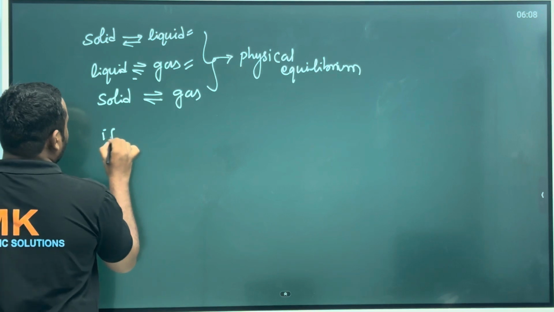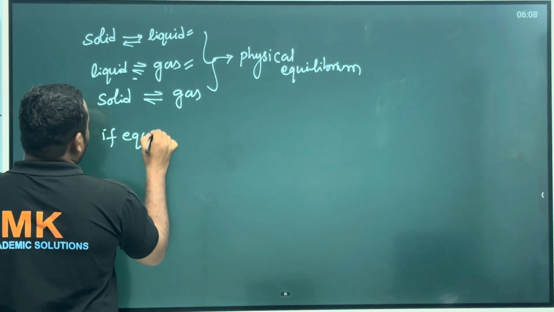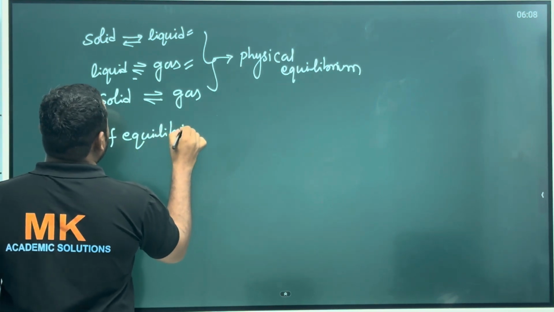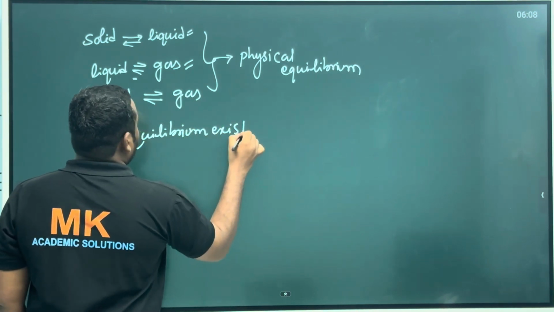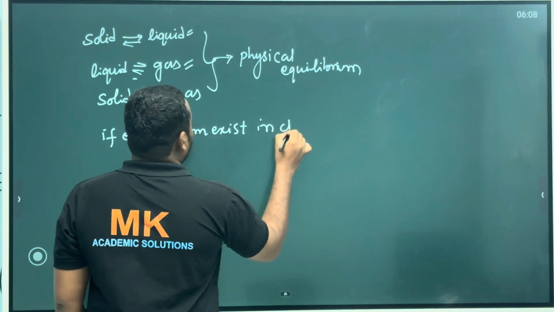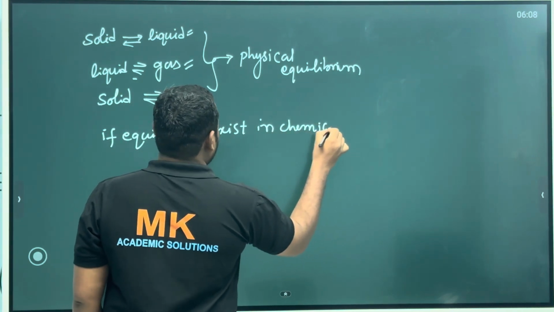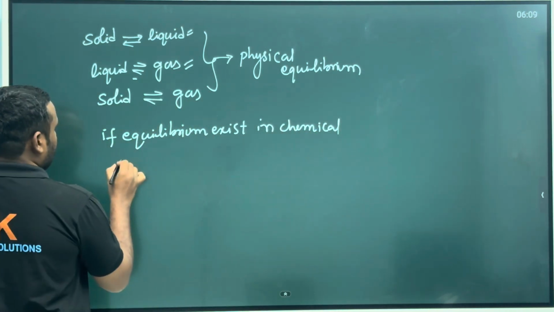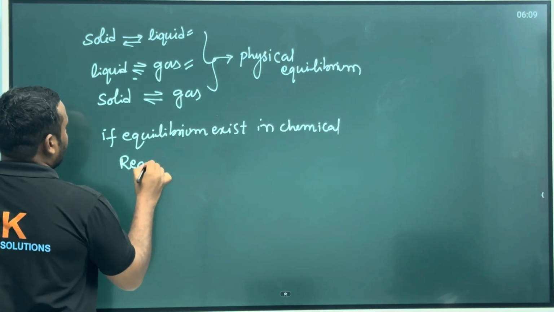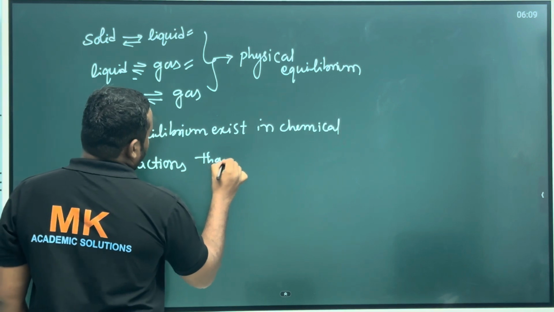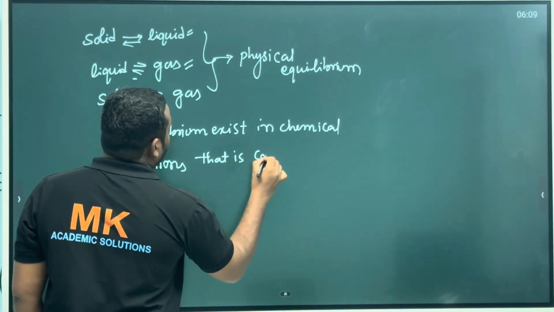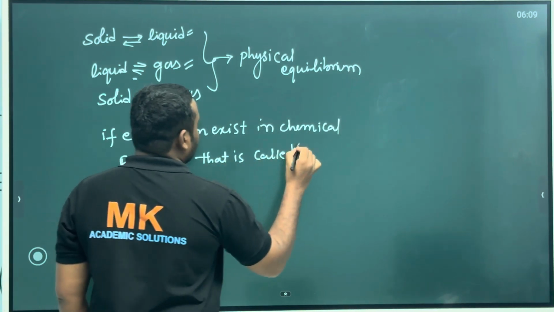If equilibrium exists in chemical reactions, that is called chemical equilibrium.